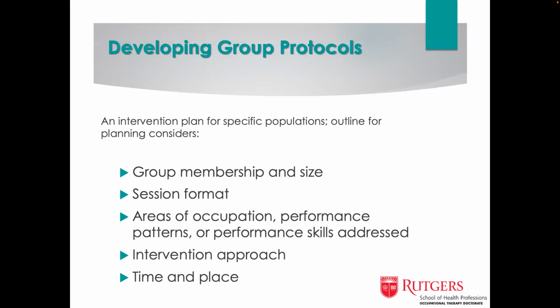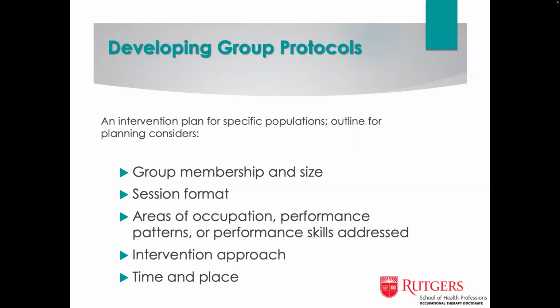Performance patterns addressed would be the roles, rituals, habits, routines. If you've addressed any of those, we're going to list them down. For the dog walking example, it could be a dog mom or a dog dad. It could also be a friend, wife or husband, mom. It could be any of those things if they're playing a role. And then the performance skills addressed.